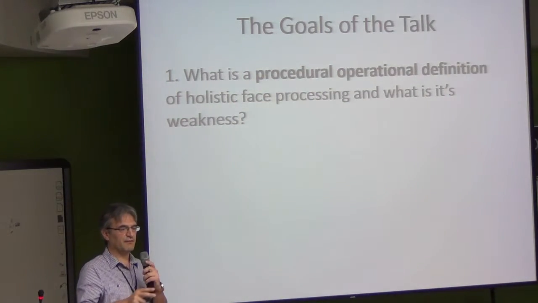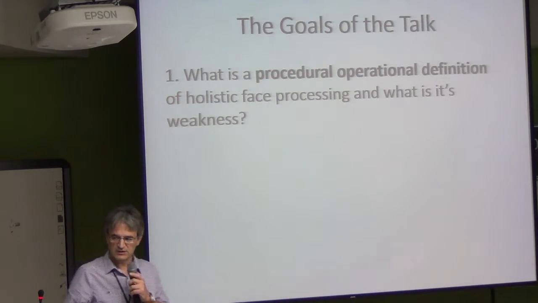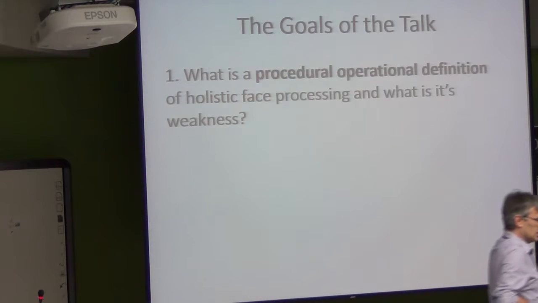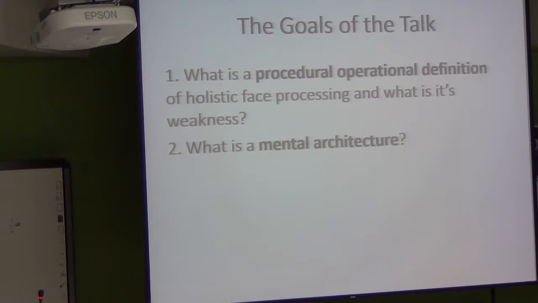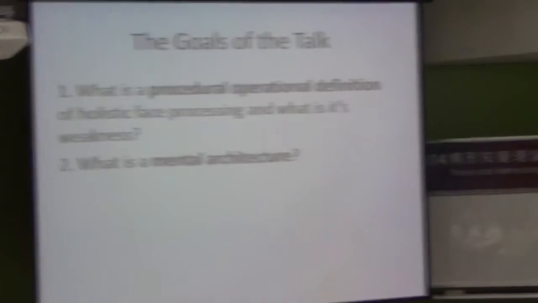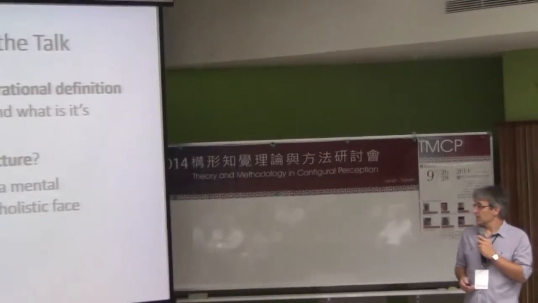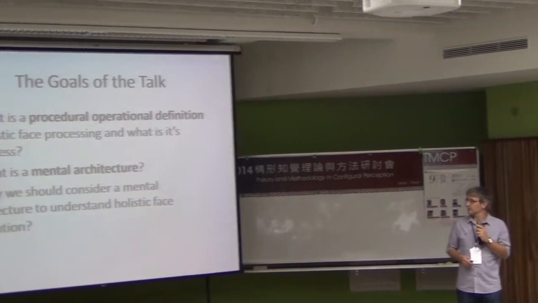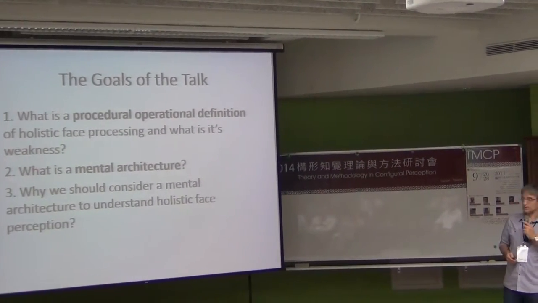There's a kind of flexibility between these two concepts, and we can maybe start to differentiate them, but it's not going to be the topic of this research. The second goal is what mental architecture actually is, and what we learn by understanding mental architecture and using it in face perception. And third, why should we be using them? Or what do we benefit from them? So these are the three goals we are trying to achieve.